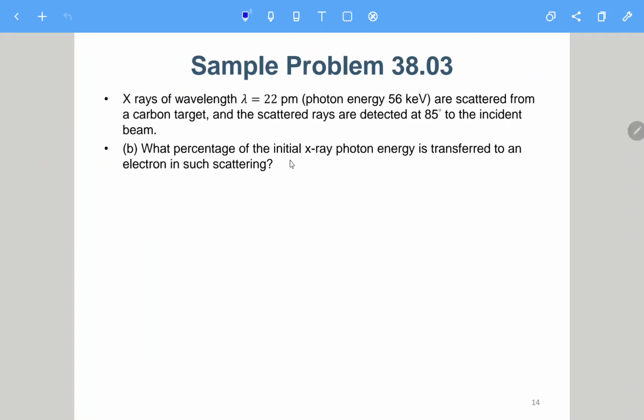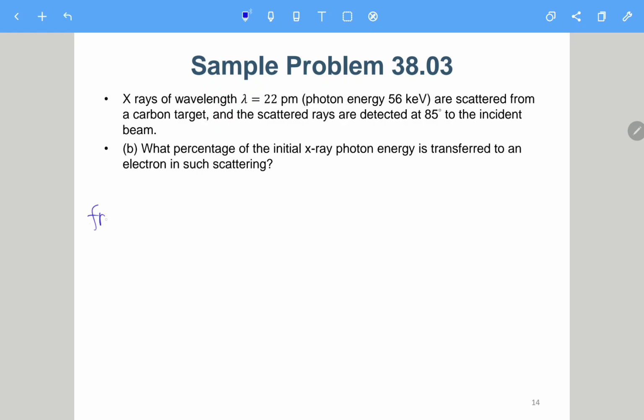And then, what percentage of the initial X-ray photon energy is transferred to an electron in such scattering? So there is some energy loss. What is the percentage?